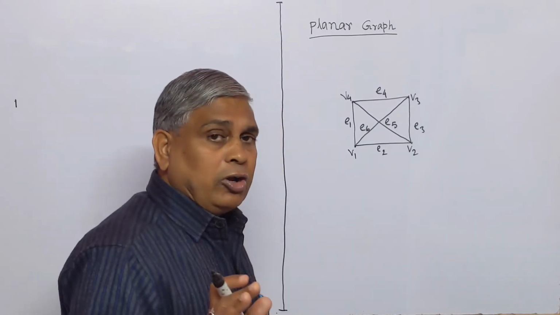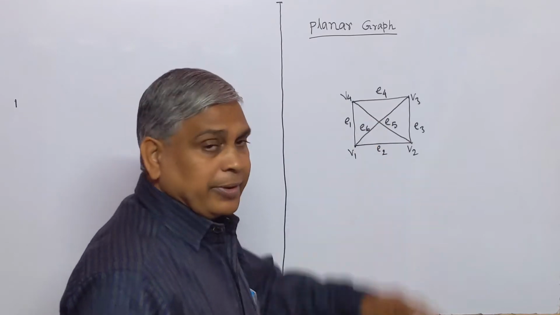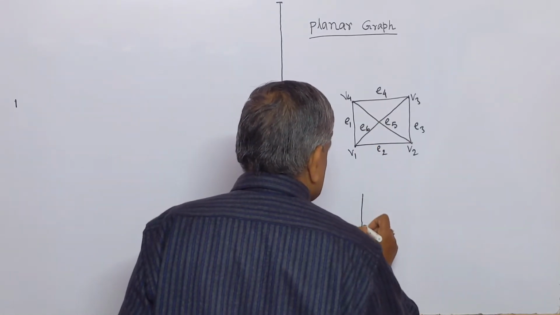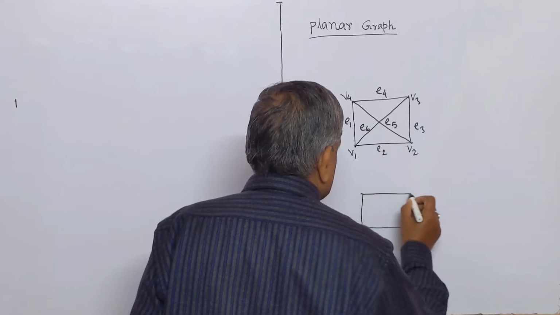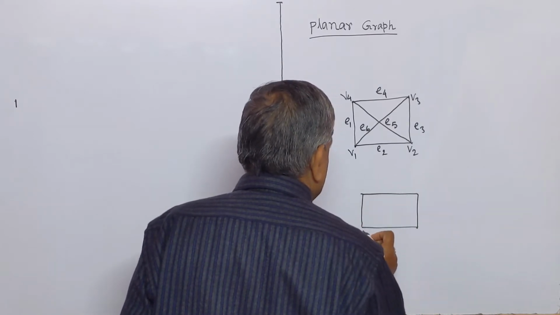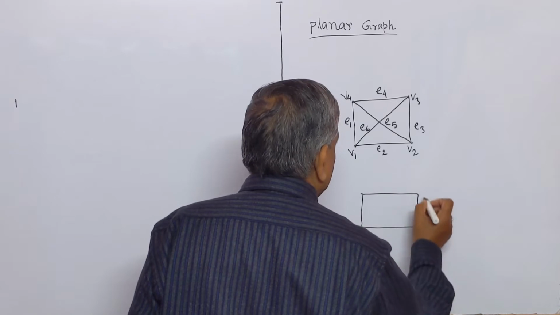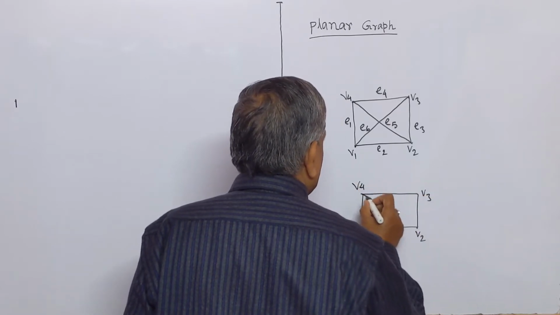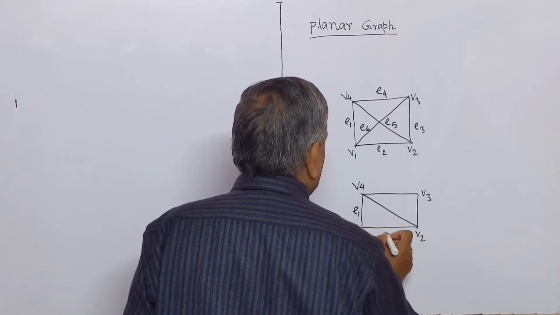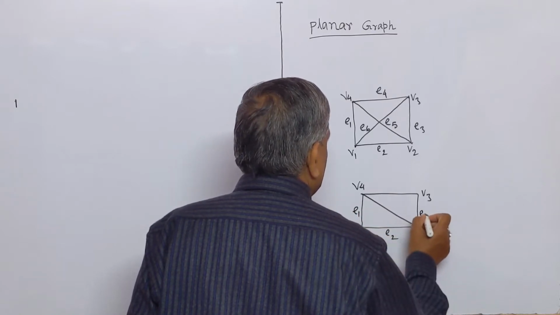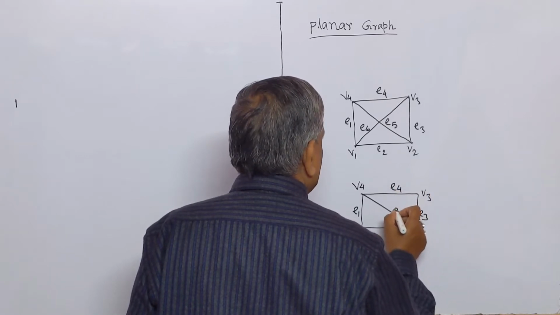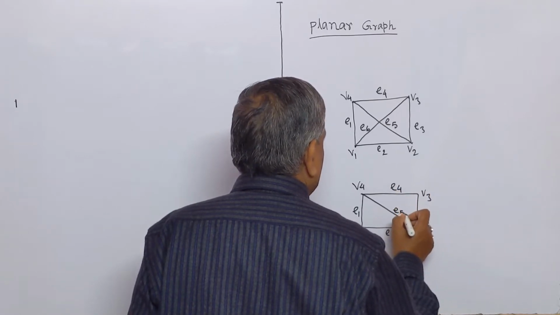If we draw the same graph in another way, here vertex V1, V2, V3, V4, E1, E2, E3, E4 and this is edge E5.